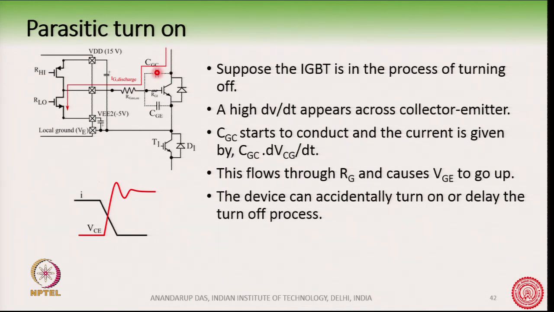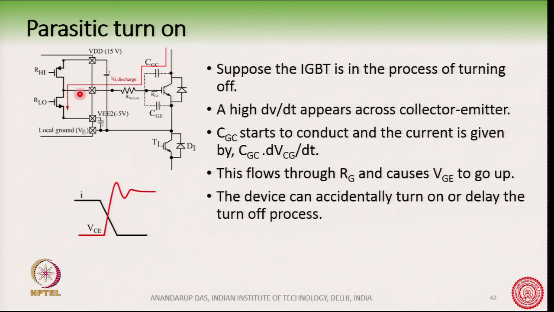This is the current which will flow through this here. Now, this current will flow through the R gate off, or it is a parallel combination of R gate on and R gate off, RG on and RG off, it will flow through this together.